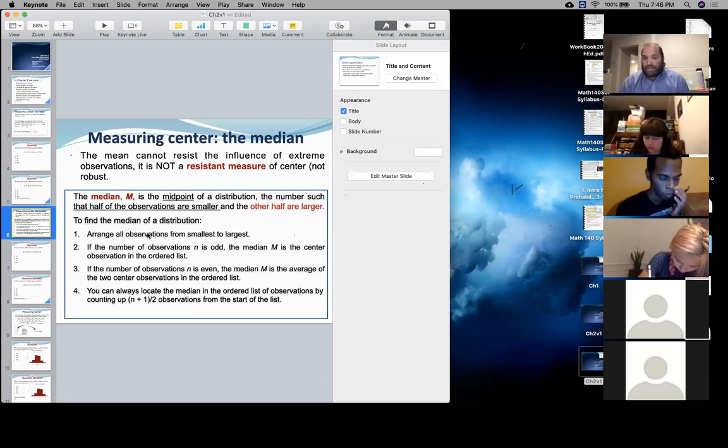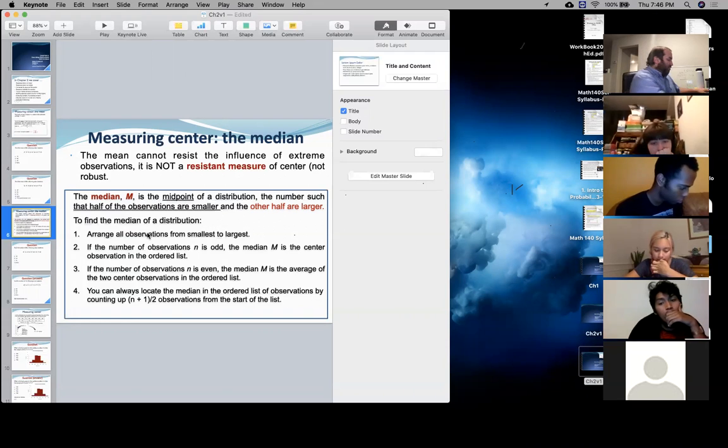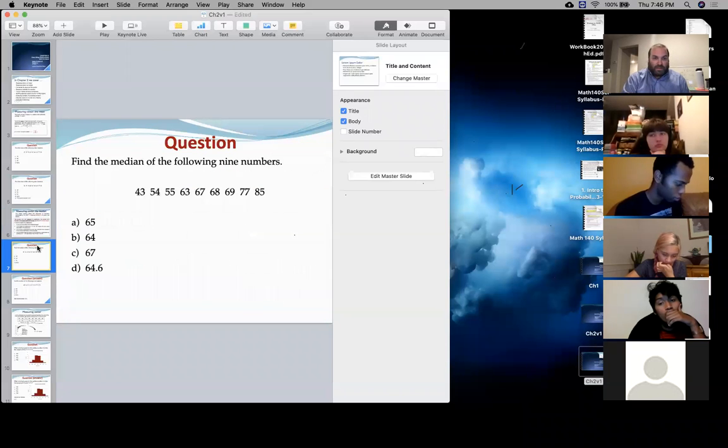And you can always locate the median by adding 1 and then dividing by 2. Does that make sense? Any questions on that one? Kind of important. Okay, let's move on then.